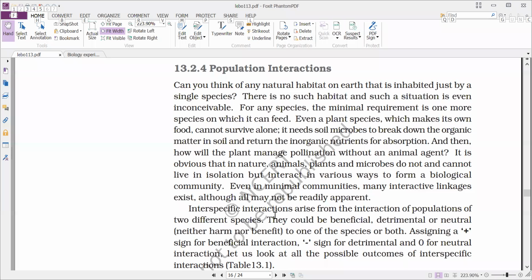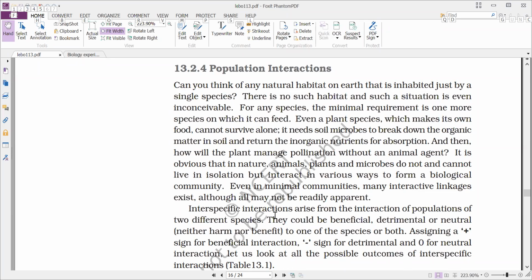There is no such habitat, and such a situation is even inconceivable. That means the presence of only one species in one habitat is not even possible.